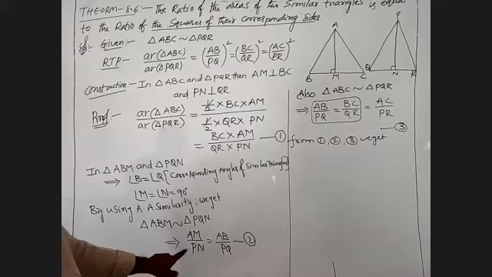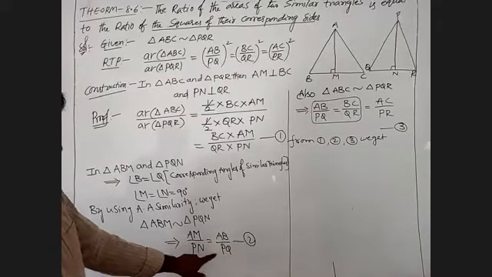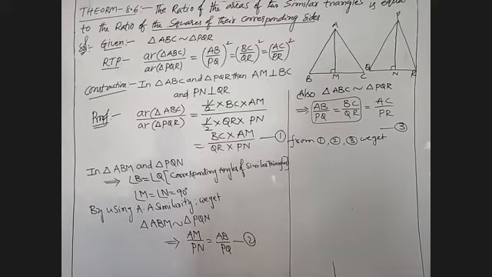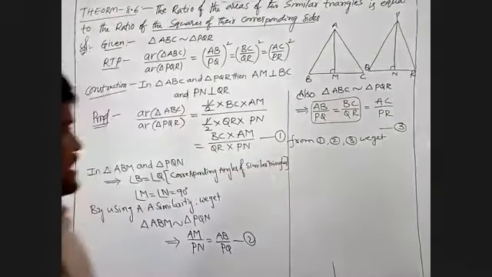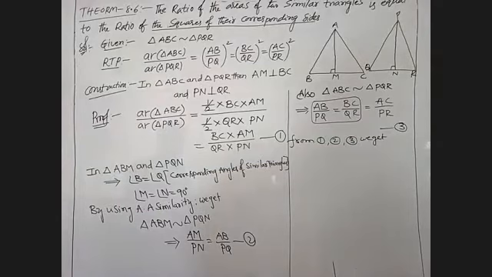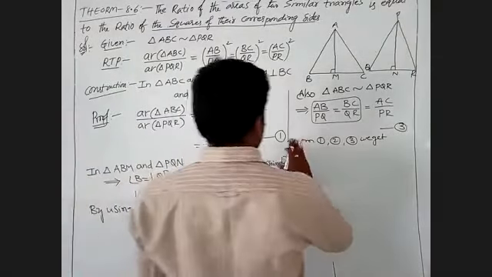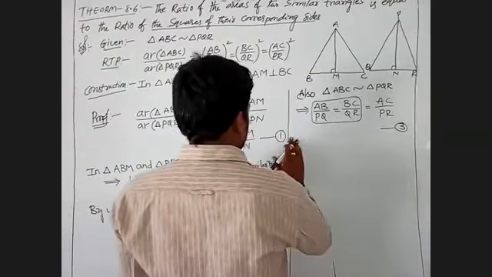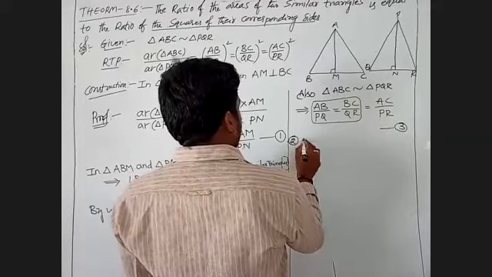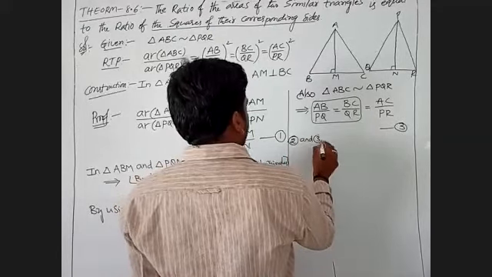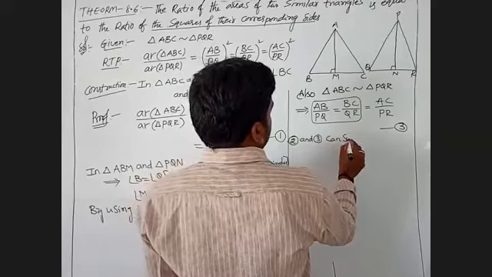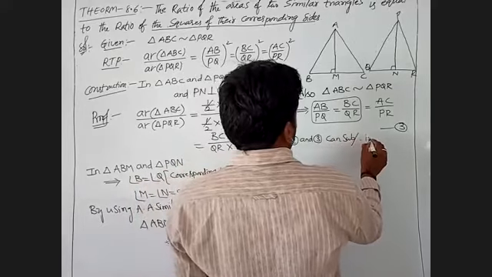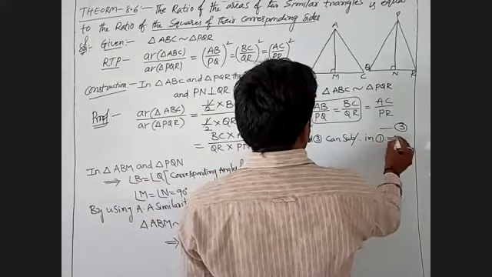AM by PN is nothing but AB by PQ, as well as BC by QR is nothing but AB by PQ. Sorry, from 2 and 3, substituting in 1. That is right.